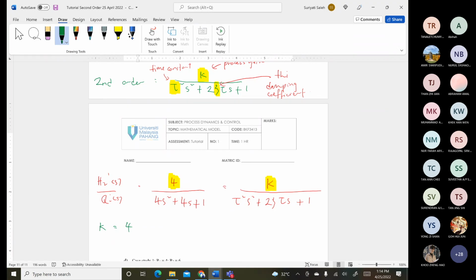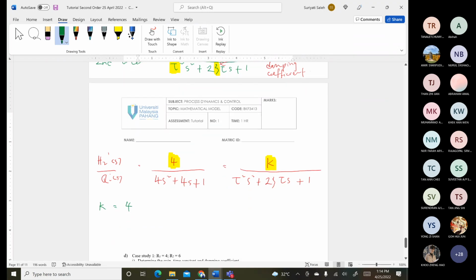For the denominator, we take a look: here tau square S square is related to this one, the second term 4s is related to the second term, and then you have the plus 1. So both are comparable. When they are in the same order and the same form, we can take the values directly.